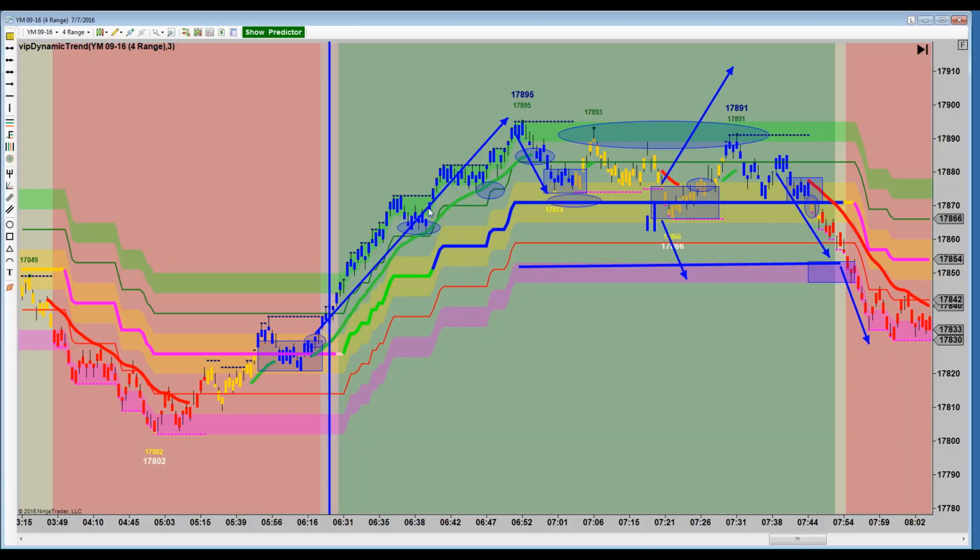If you want to be really technical about it, you could have actually started counting here. 1, 2. I'm not going to do them all. You get the idea. 1, 2, 3, 4, 5, 6. And now you're breaking down here. I mean, you've got 6 lower highs and lower lows, yes?